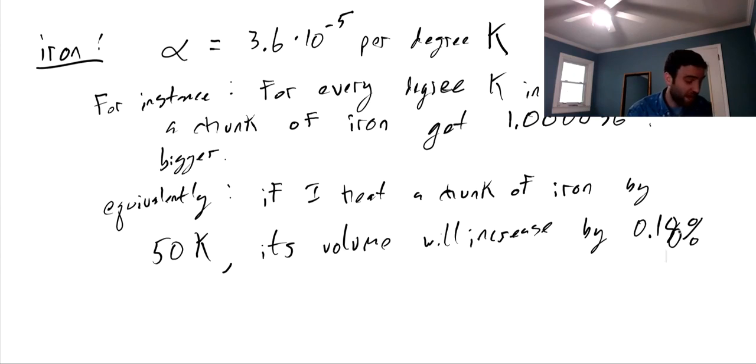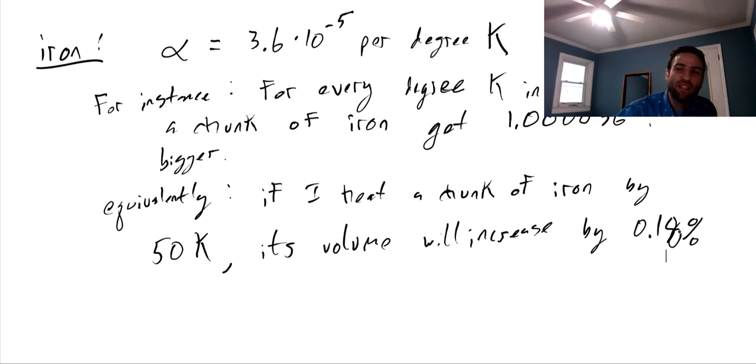For instance, if you have a glass jar of salsa with a metal lid that's really hard to get unstuck, if you run the metal lid under hot water, it can be easier to open because the coefficient of volume expansion for metal is bigger than for glass. And so the metal lid will grow by a tiny bit more than the glass, and so it will be a little bit looser and easier to unscrew.